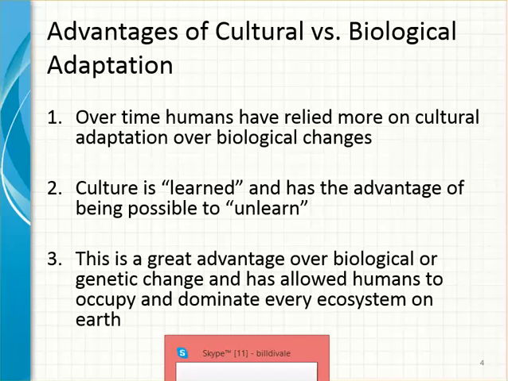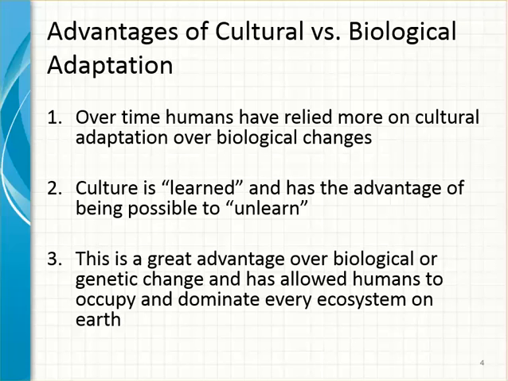Now, the advantages of cultural versus biological adaptation: I've mentioned some of them. Over time, humans have relied more on cultural adaptation over biological changes. In other words, for the last million years, we have been pretty much the same physiologically.